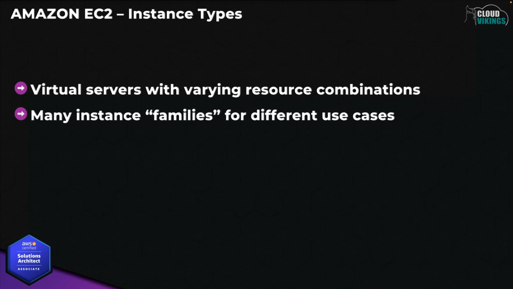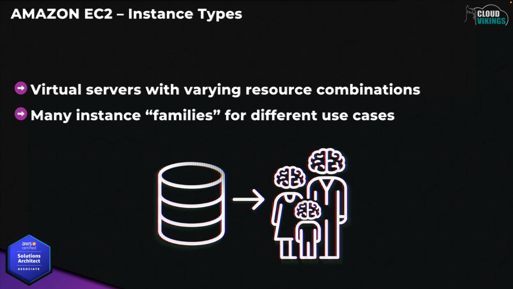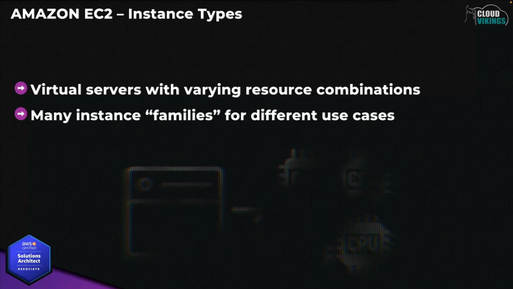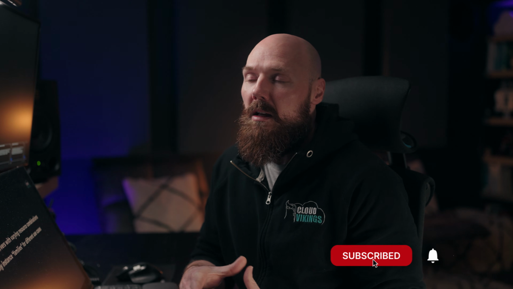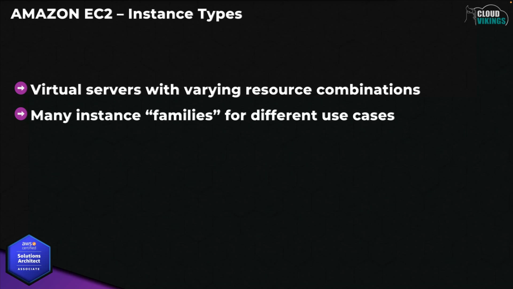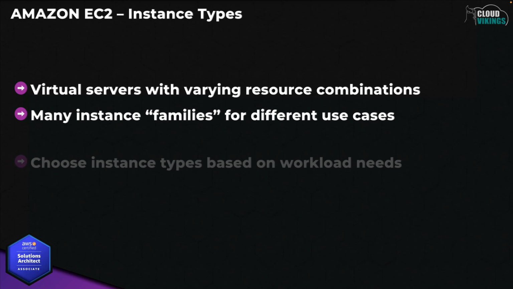This means if you have a memory-heavy workload like an in-memory database, you might use a memory-optimized family, whereas if you had a CPU-bound batch job, this might run on a compute-optimized family. By offering multiple families, AWS lets you pick an instance that closely matches your workload's profile, avoiding overpaying for unnecessary resources or running out of resources that your app needs most.